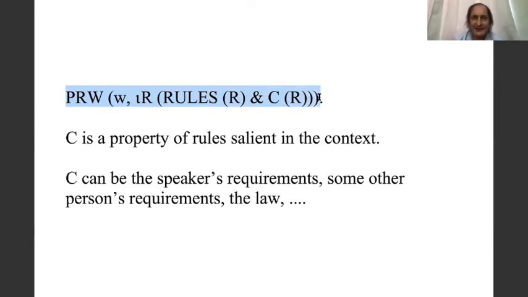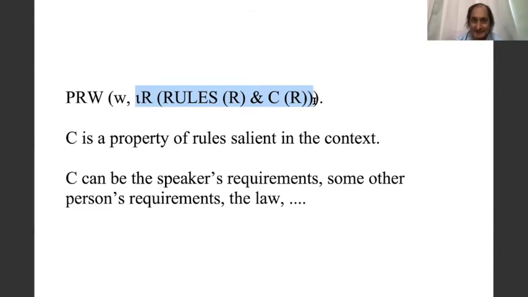And we interpret this to say that W is a perfect rule following world with respect to the rules R that satisfy this. Okay.